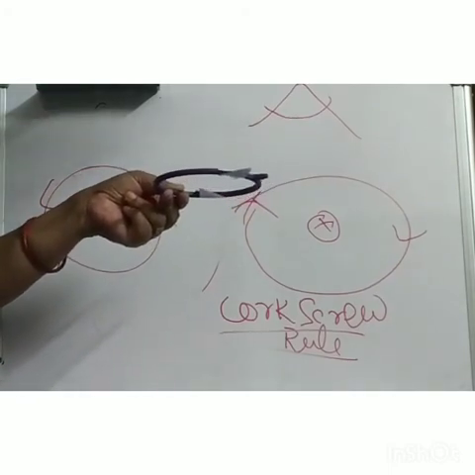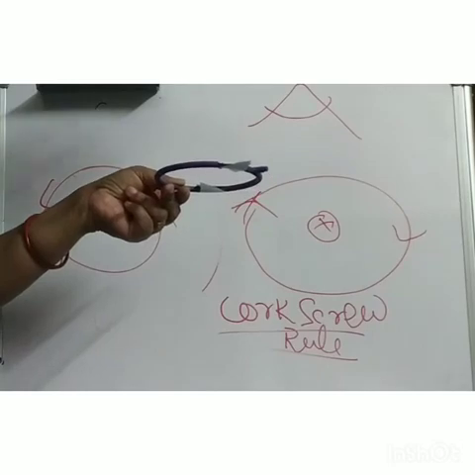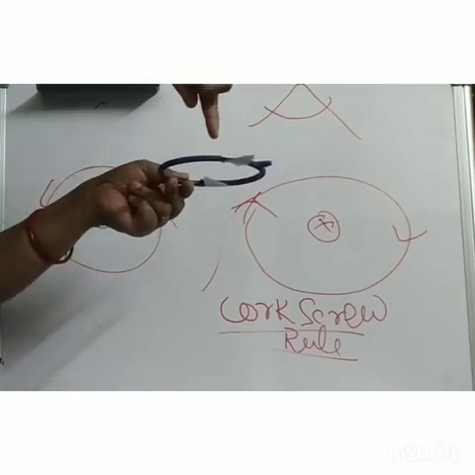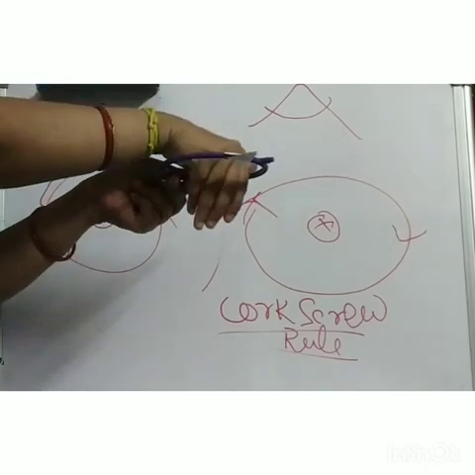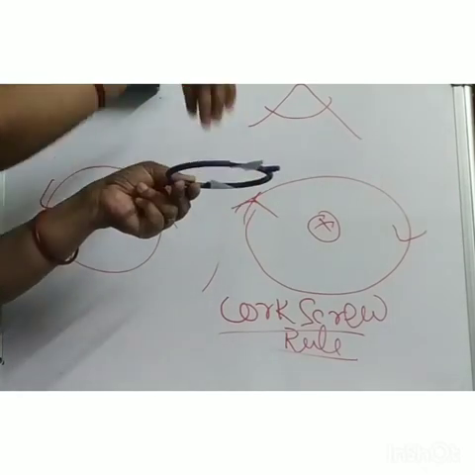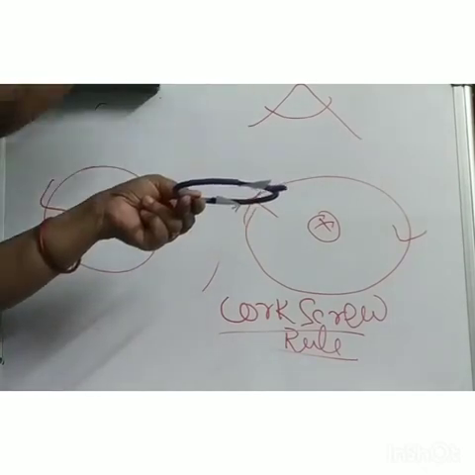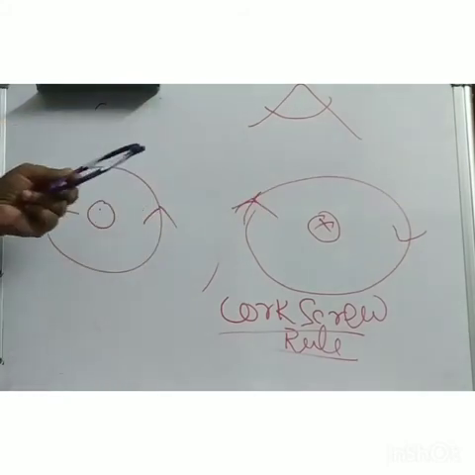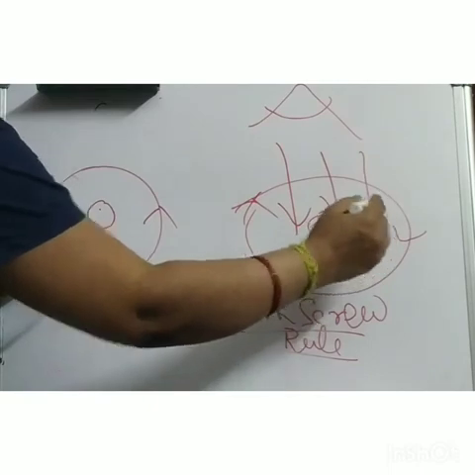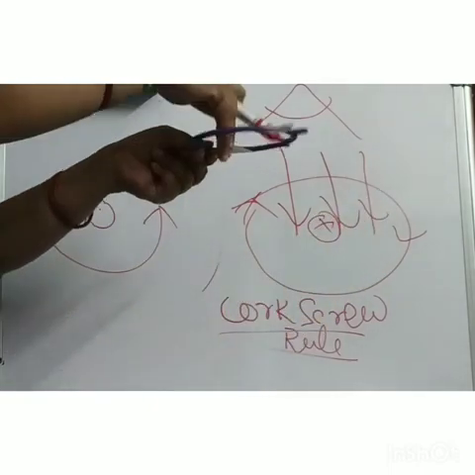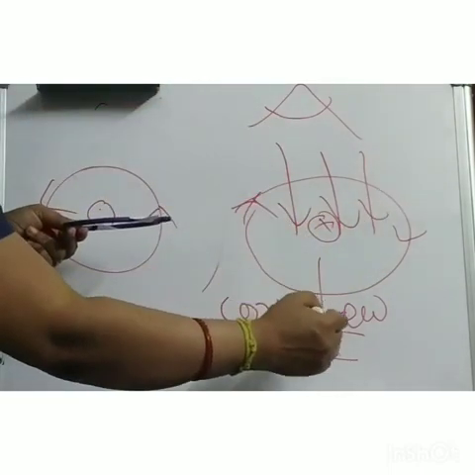So for me, when I am looking from the top, this is your clockwise. So when it is clockwise, what is happening? Your magnetic field is going inside like this. So your magnetic field is entering like this and coming out like this.